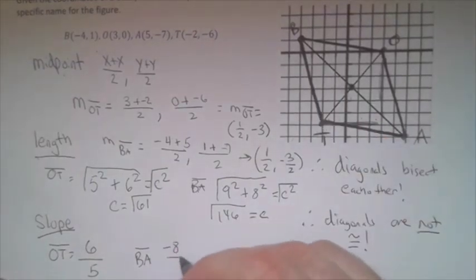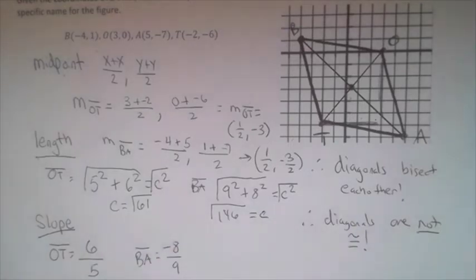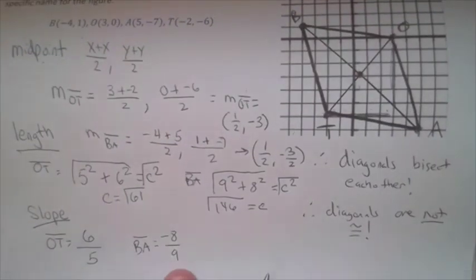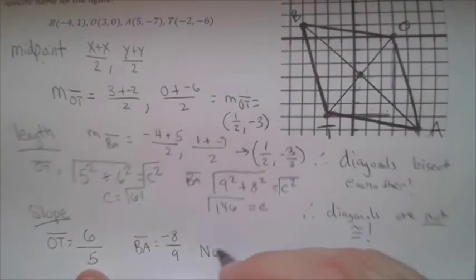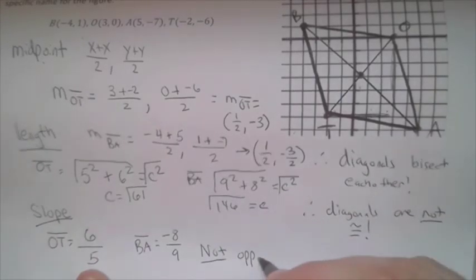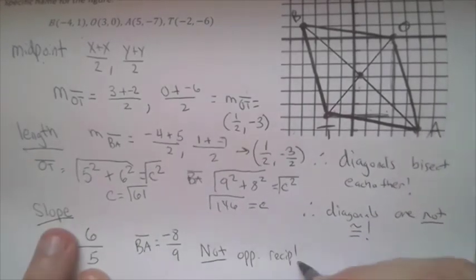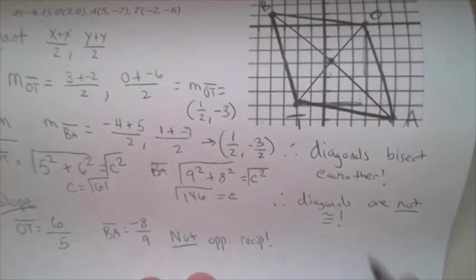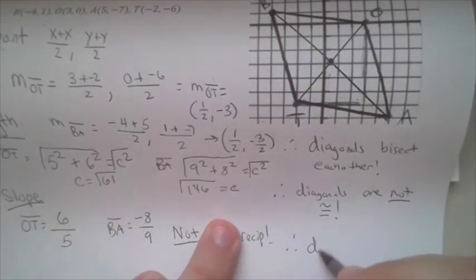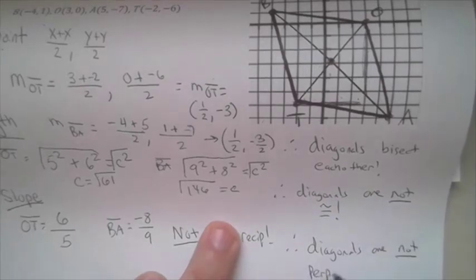So down 8/9. Now, these slopes are not opposite reciprocals. Not opposite reciprocals. So therefore, diagonals are not perpendicular.